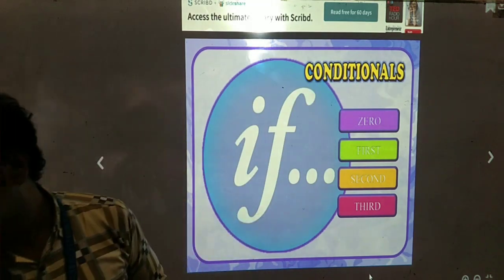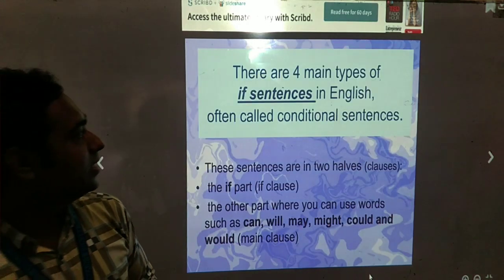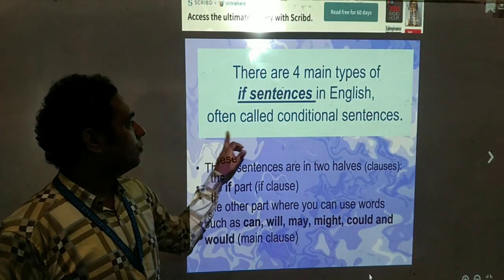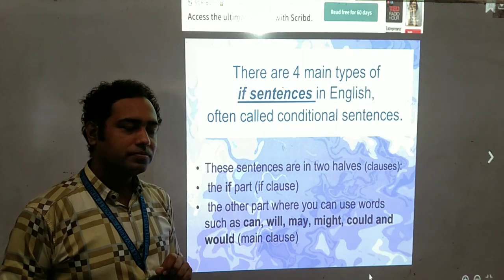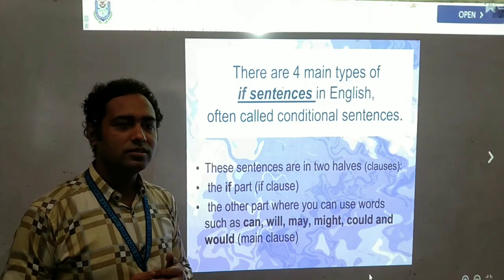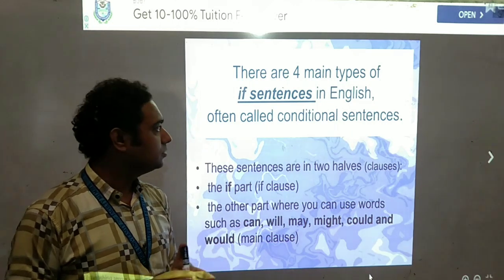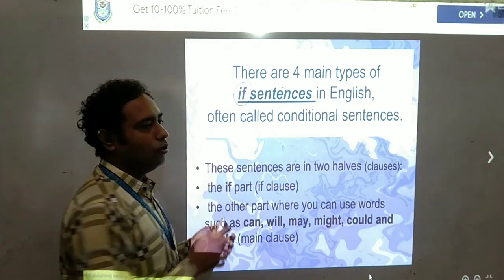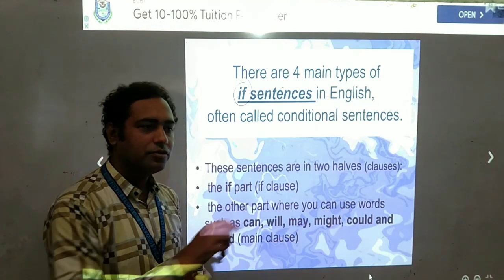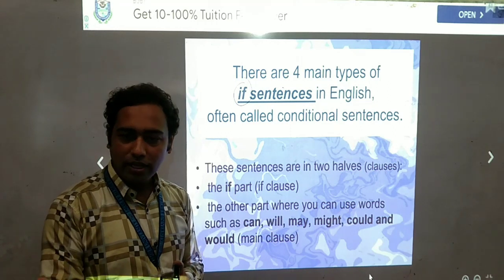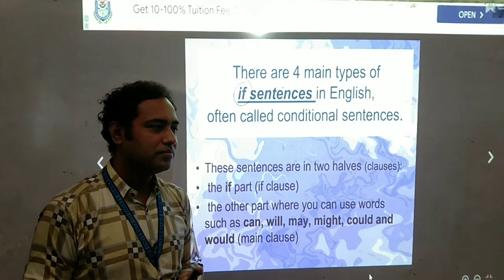I'll tell you two stories. So, as you understand, there are four main types of sentences in English, often called conditional sentences. This depends on condition. You understand? Life is a condition. There is if, always if. If you are healthy, then you come to the university. If you are not healthy, you cannot come to the university. Simple. There is always condition.